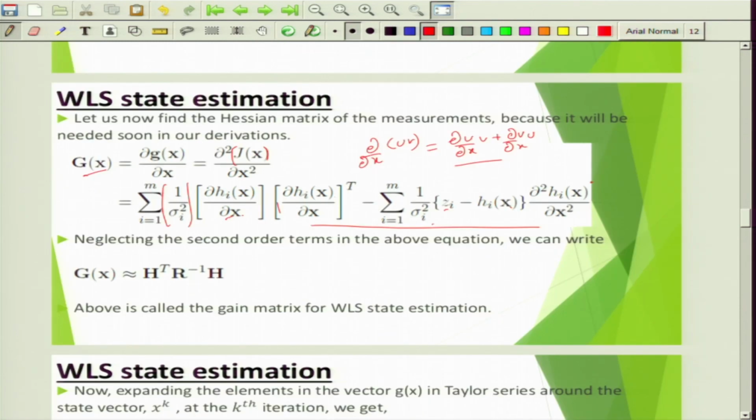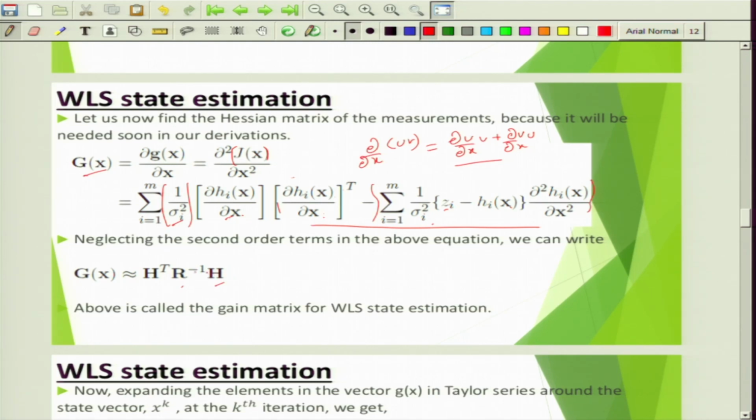So neglecting the second term, we are just ignoring the second term, what you will get, G(x) is nothing but H transpose, this is the H matrix, ∂h/∂x is the H matrix, H transpose into R inverse into H approximately.